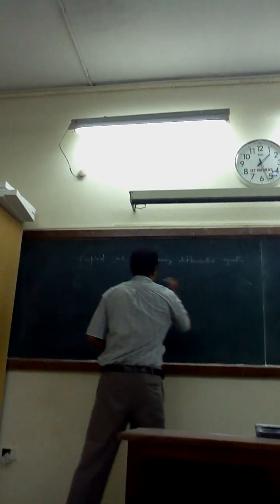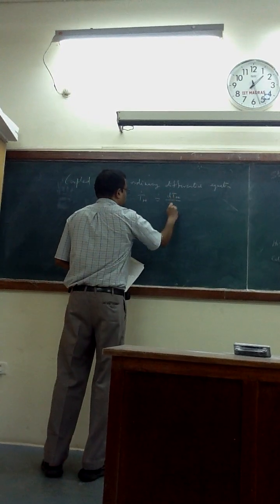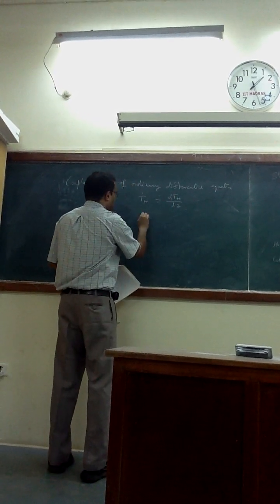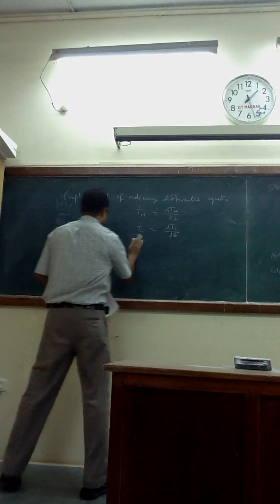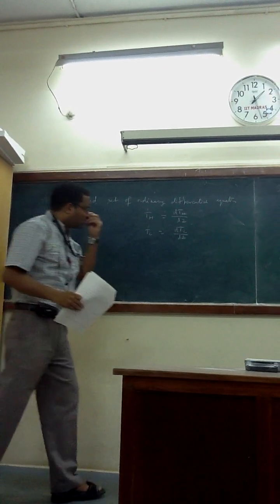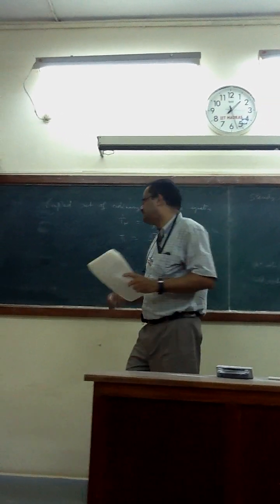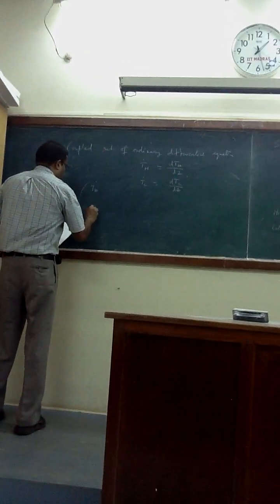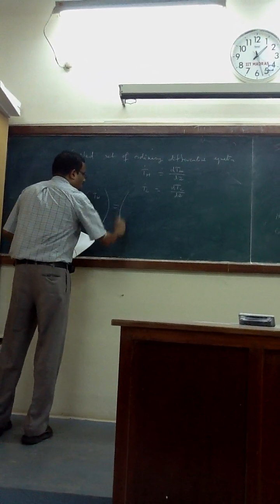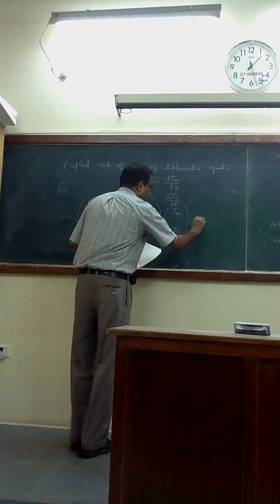I will introduce one variable called TH dot, which is dTH by dz. TC dot I will introduce as dTC by dz. Can I write this as an algebraic system, in vector format? TH dot, TC dot, on the right hand side I put TH, TC plus some other term.